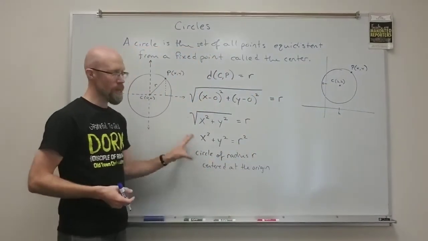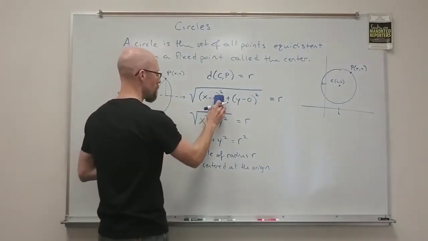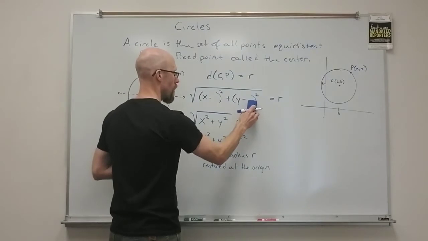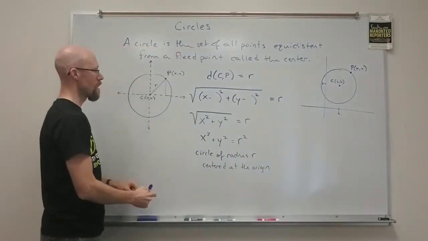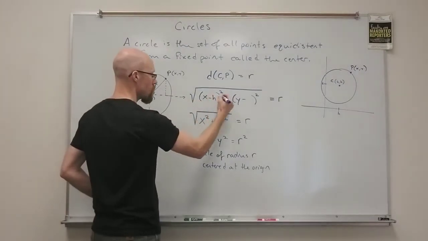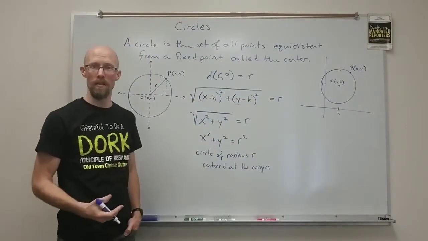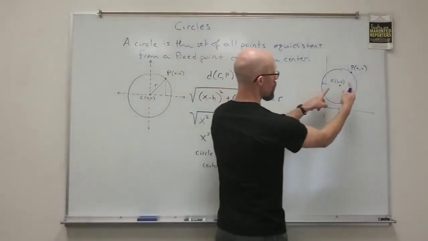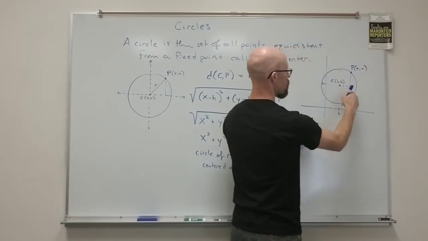If I recreate this formula now using h, k as my central point, then the distances are going to be x minus h and y minus k squared respectively. Those are the horizontal and the vertical distances.